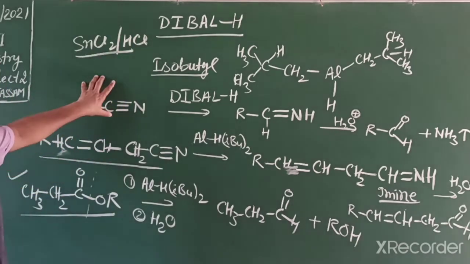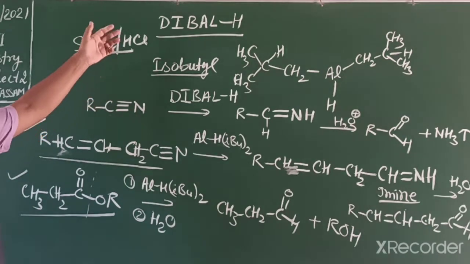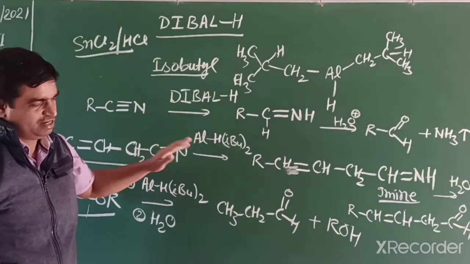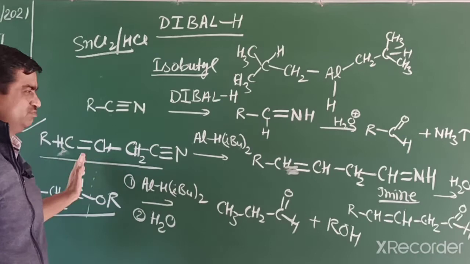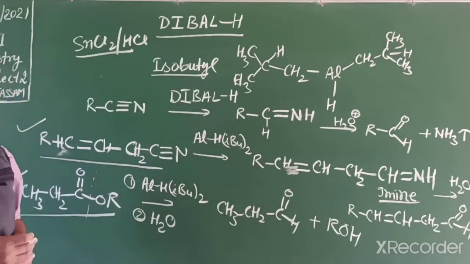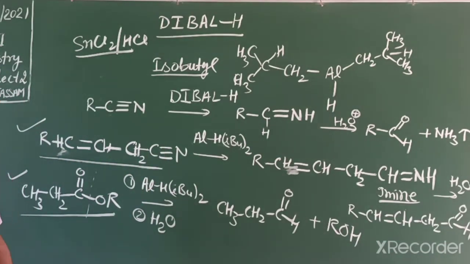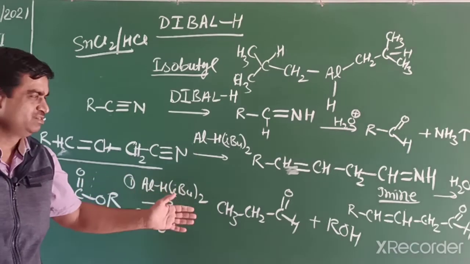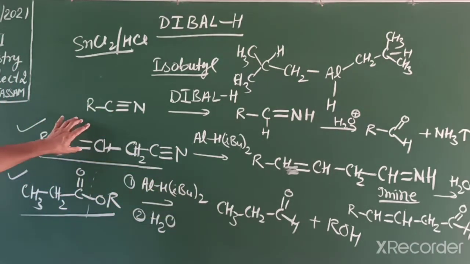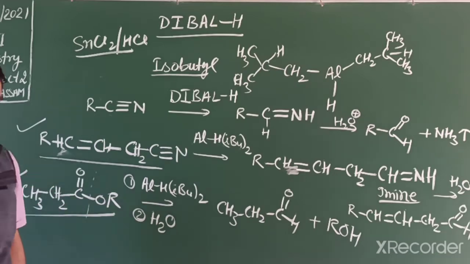That is Stephen reduction or Stephen reaction. But if you use this reagent, it also converts nitrile into the corresponding aldehyde after hydrolysis, and ester also converts. This does not affect any double or triple bonds situated in the compound.